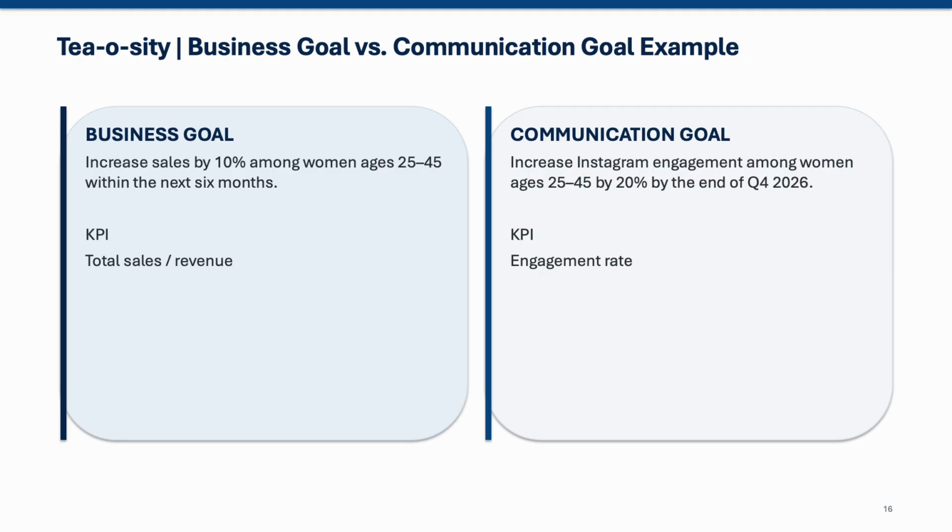A supporting communication goal might be to increase Instagram engagement among the same audience by 20% by the fourth quarter. For that goal, engagement rate would be the KPI. Notice that these goals are different, but the communication goal can help support the larger business goal.